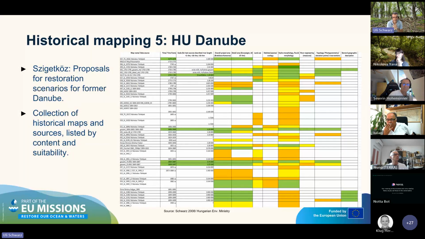Then let's talk shortly about the Szigetköz. And you simply see here, I did in 2008 a work for the Hungarian Environment Ministry. It was about the restoration of Szigetköz and different scenarios. But simply to show what Severin also already mentioned, it is very important to collect systematically the historical sources.